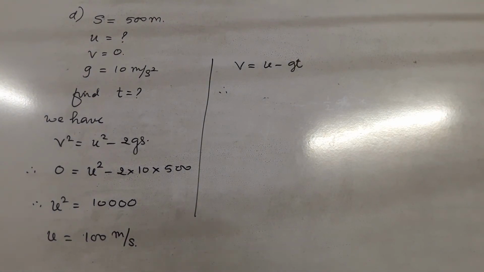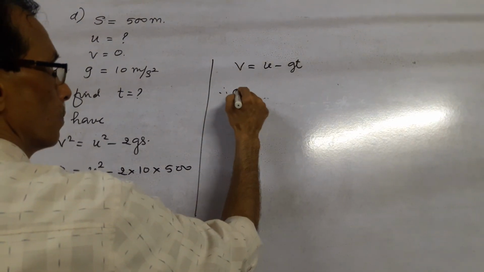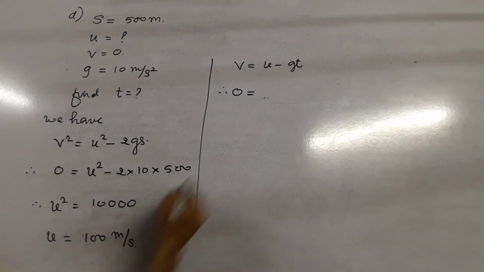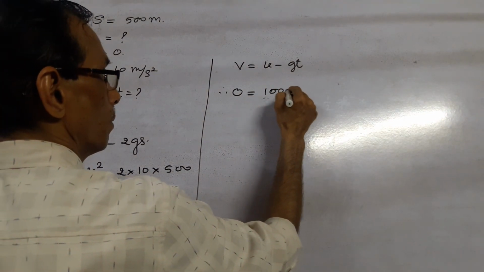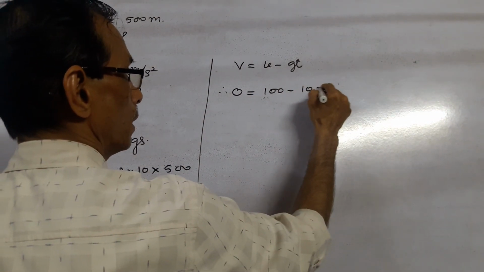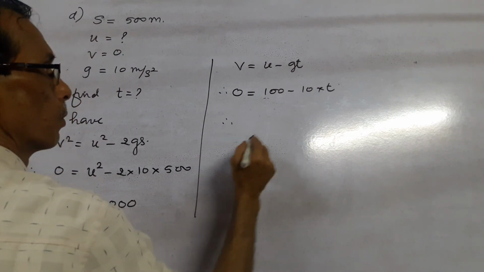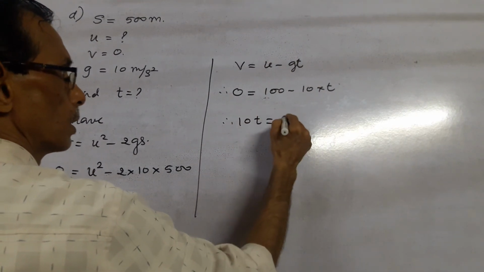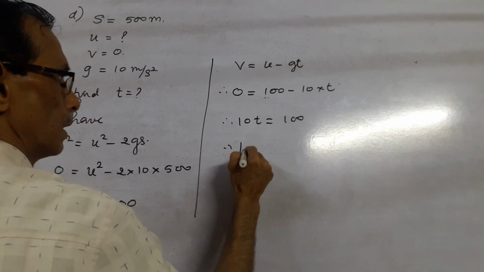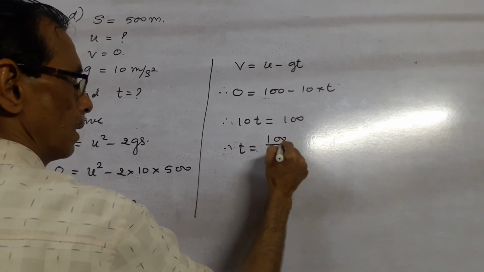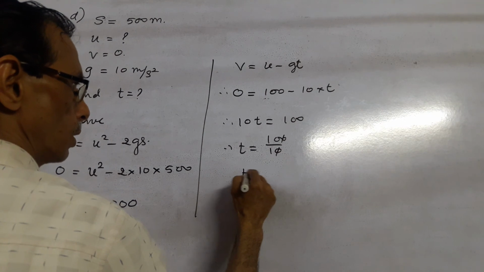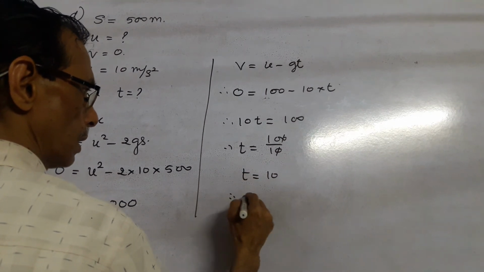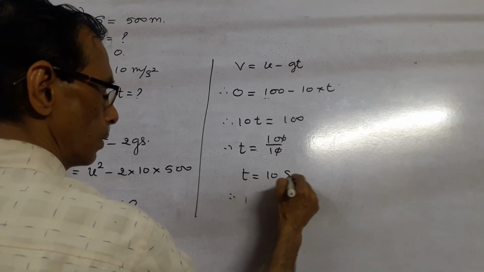And therefore, v, the final velocity is 0. Now your initial velocity we got, 100, minus g is 10 into t. And therefore, this will come this side. Now 10t, negative will become positive, equal to 100. And therefore t is equal to 100 upon 10. 0 is cancelled, so t is equal to 10 seconds. So it will take 10 seconds.